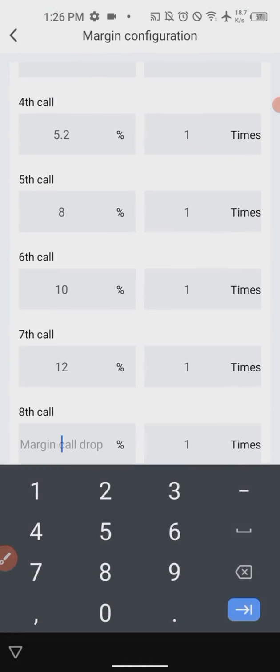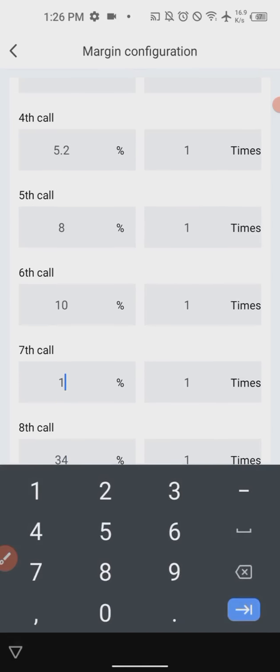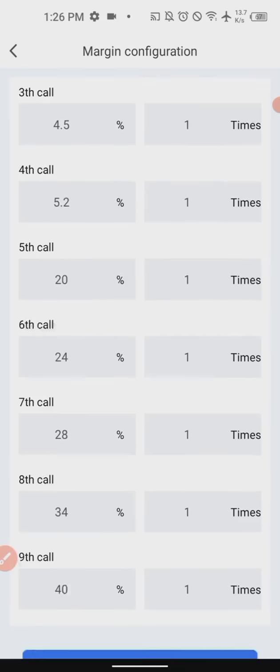My eighth margin call will be about 34. My seventh margin call should be about 28. My sixth margin call should be about 24. The fifth margin call should be about 20.